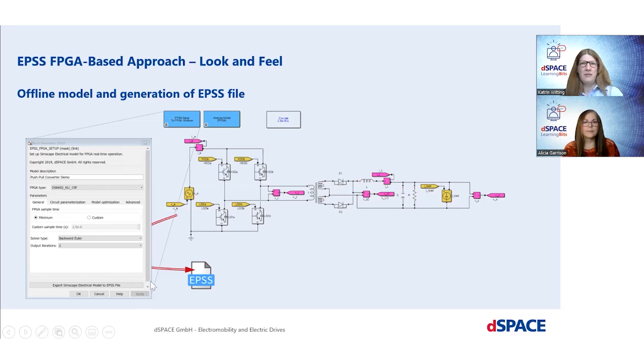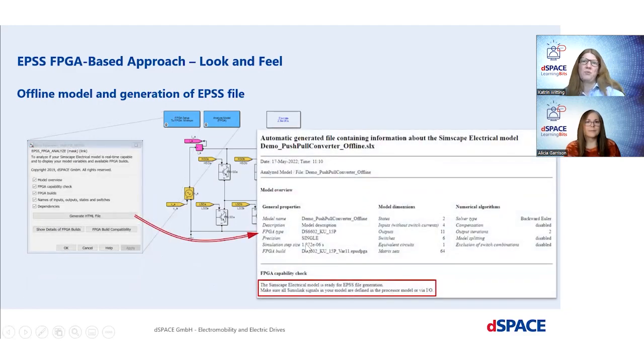Having configured everything, you have the possibility to export this model information to an EPSS file, as mentioned before, by this button. To check if your model is capable for real-time simulation with the EPSS setting, we included an analyze model function, which gives you information about your model and if it's possible to run this model directly on the dSPACE hardware or not. If it's not the case, some hints are given what you can do to get it ready for FPGA simulations.